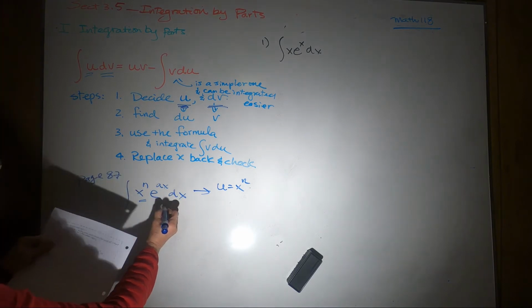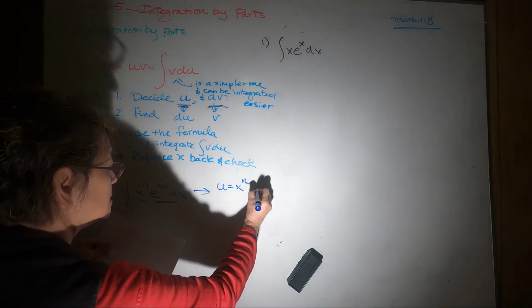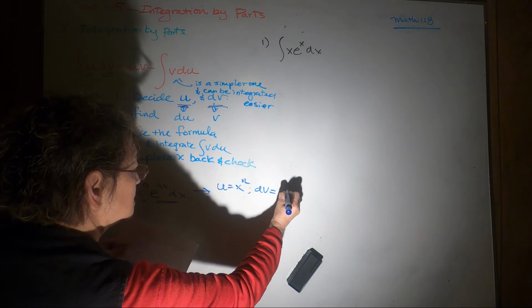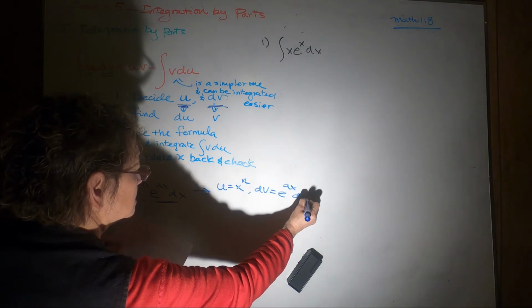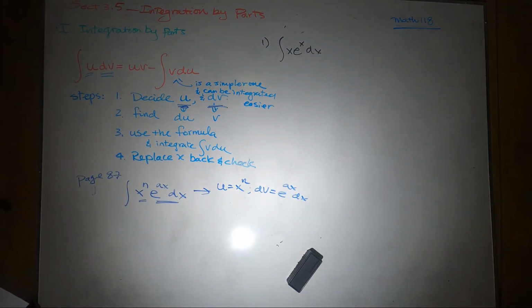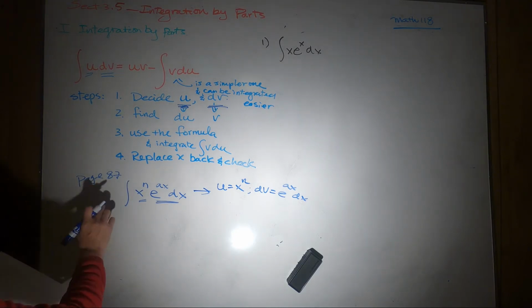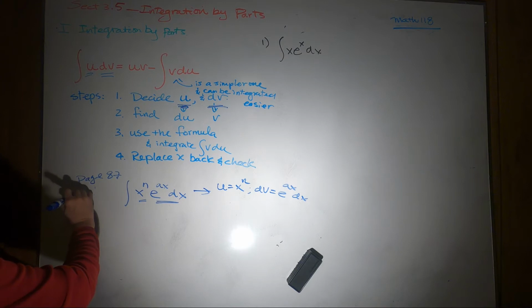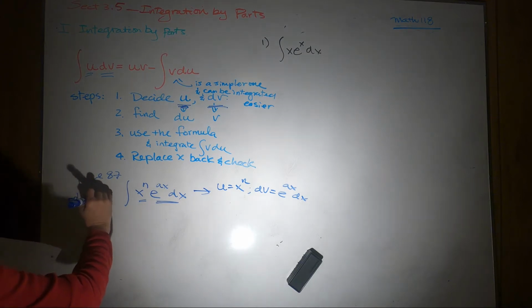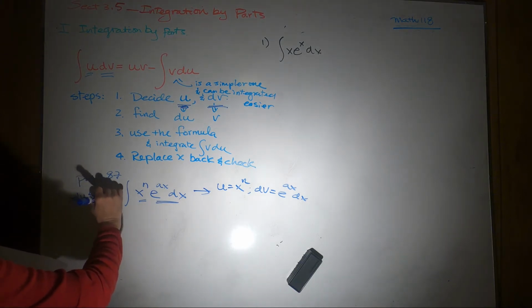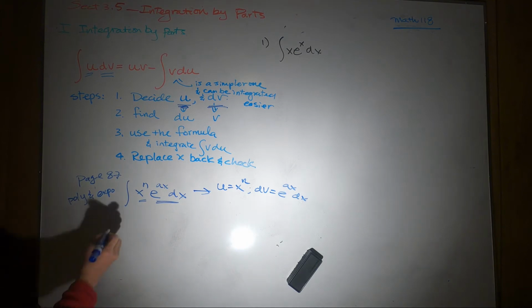Then we will choose dv as the remaining exponential part. Okay, so this one is polynomial and an exponential function.